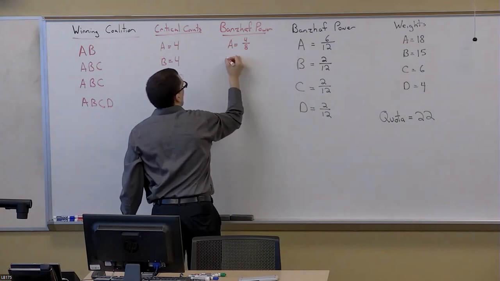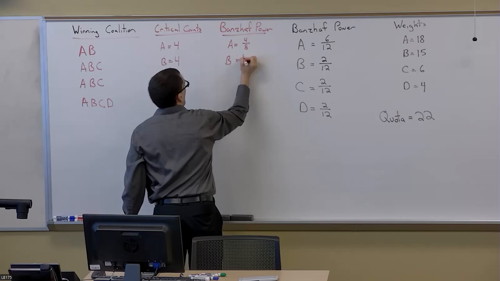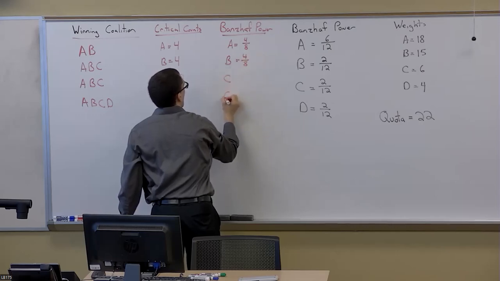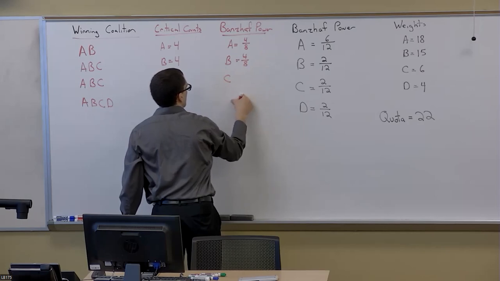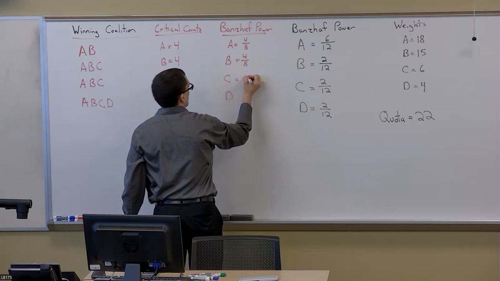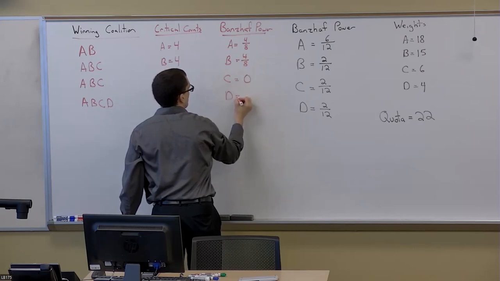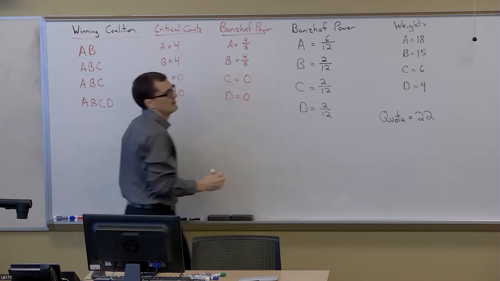B would also have half the power, 4/8. C and D would both have 0 power. You can write that as 0/8 or just 0. Either way.